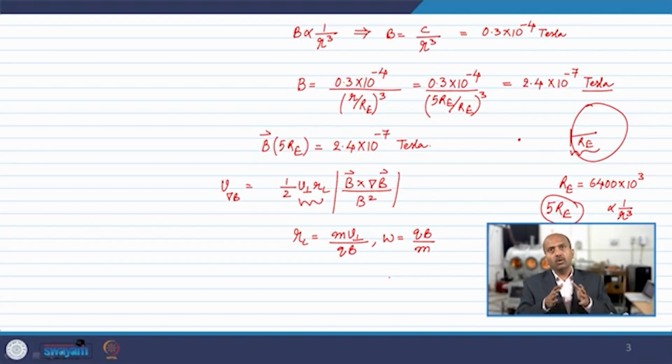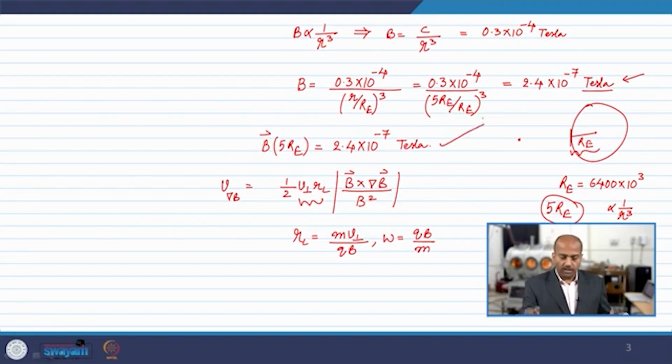Now we are given the magnetic field at the surface in the equatorial plane, and with an r cube dependence, we have to find how it scales at 5 re, that we have done here. It turns out that the magnetic field at the equatorial plane at 5 re is 2.4 10 to the power of minus 7 Tesla, right?